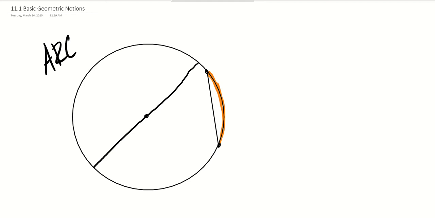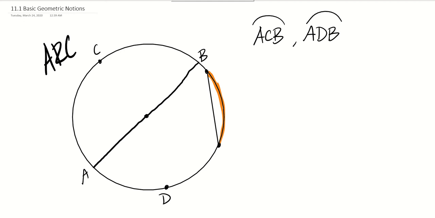It's important that it has the endpoints and whatever one more point that it runs through. So this would be called arc ACB. You can do a curve over it. If I wanted to do an arc from this side, I'd call that ADB with an arc over it.